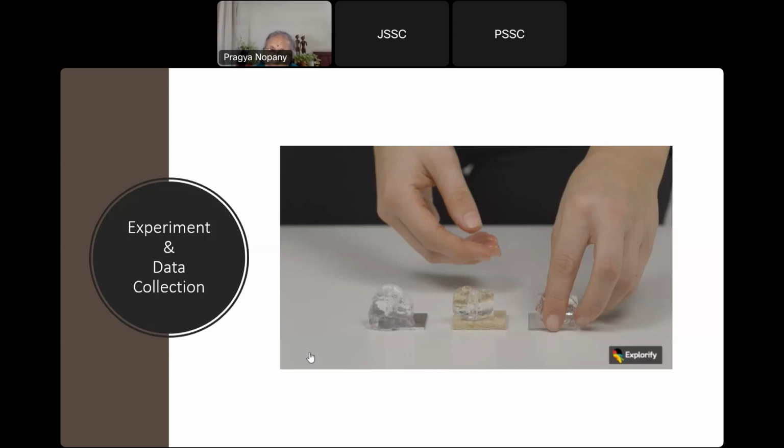So if you were to ask them to measure and tabulate in a table, what could they measure? Yes, they can measure the initial temperatures of all the three pieces. Do you think they would be the same or different? What can you say about the temperature of plastic, aluminium, and the wood piece? Do you think it would be the same or different?